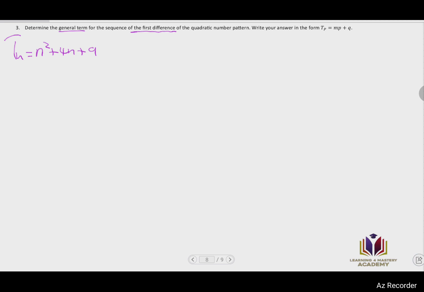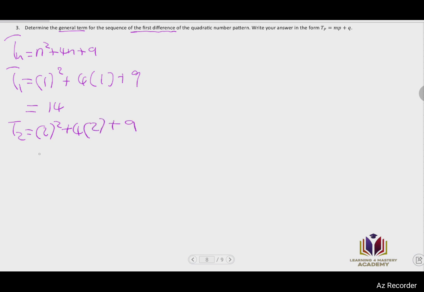Okay, so I'm going to start with T1: 1 squared plus 4 plus 9. It's going to give us 1 plus 4, that's 5, so 14. Then we can calculate T2: 2 squared plus 2 plus 9. Let me put it in the calculator quickly. It's going to give us 21.